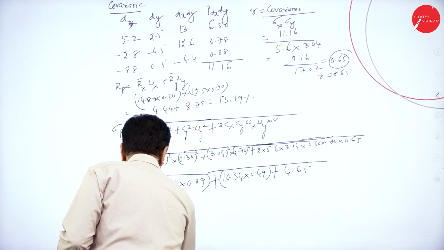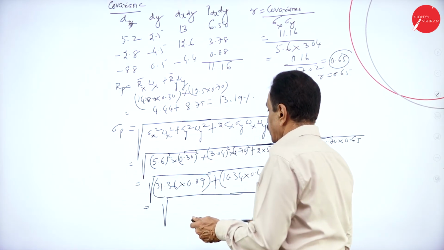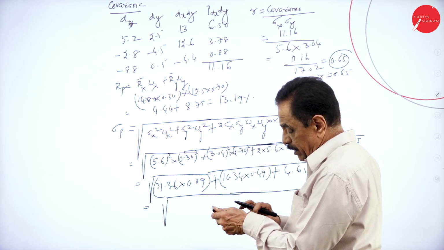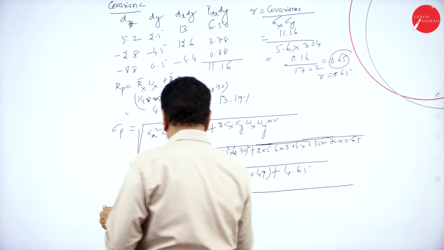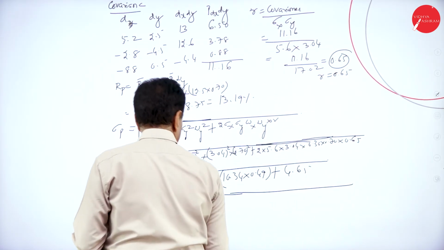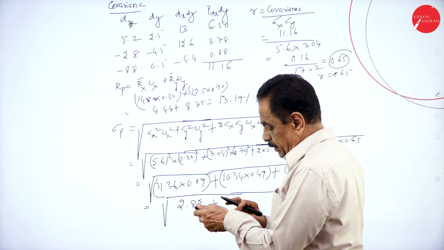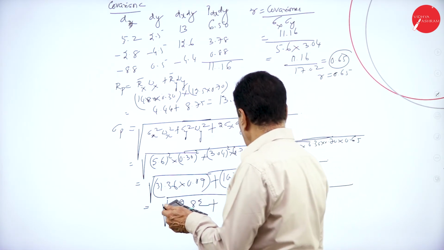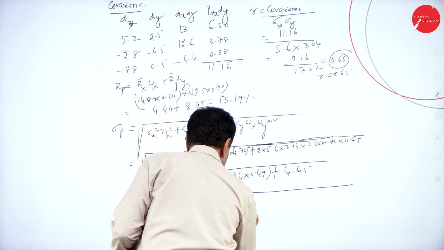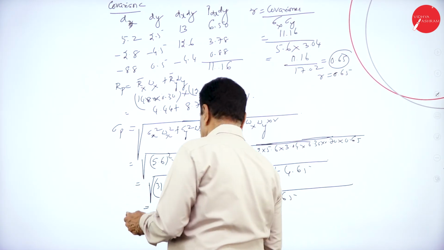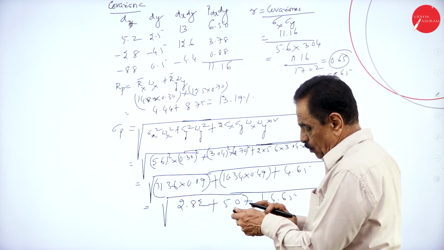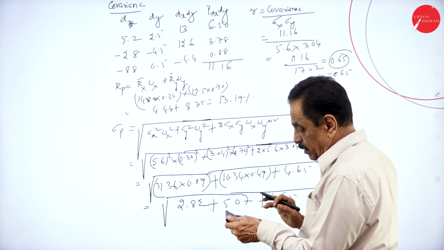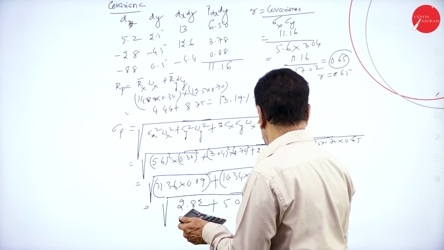Simplify. Root of this: 31.36 into 0.09 is 2.82, plus 10.34 into 0.49 is 5.07, plus 4.65. 5.07 plus 4.65 plus 2.82 is 12.53.